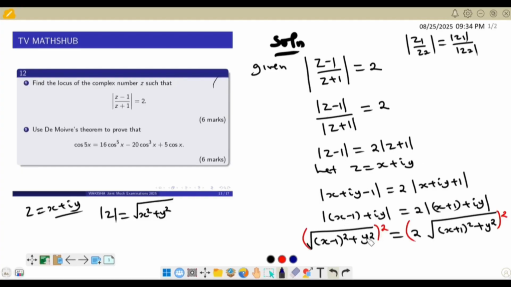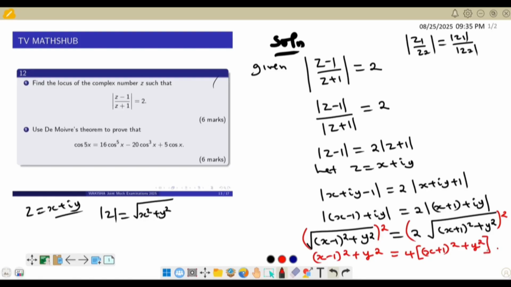Now from this given point, we can remove the square root signs by squaring on both sides. When we square here, we remain with (x minus 1) squared plus y squared, which is equal to 2 squared, that is 4, into (x plus 1) squared plus y squared.